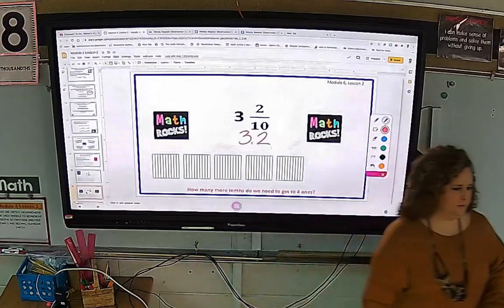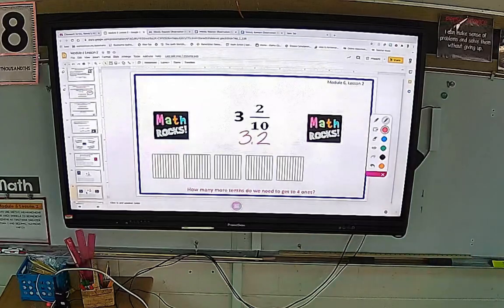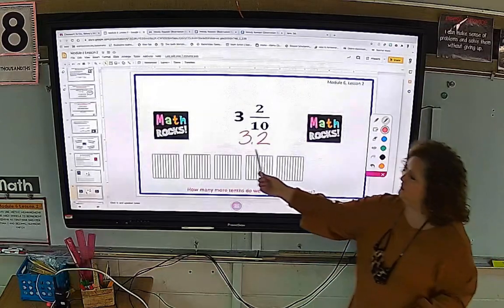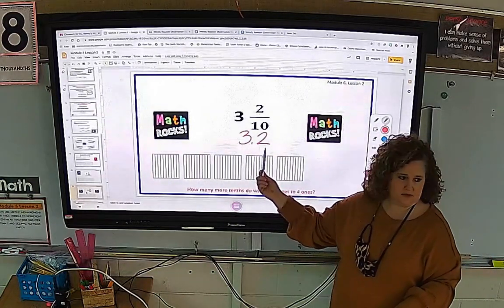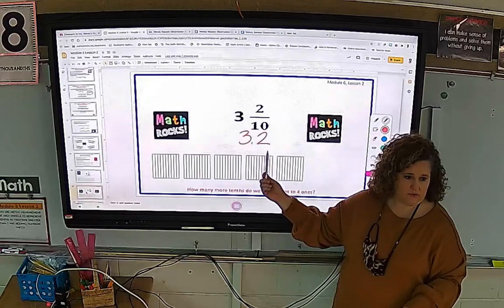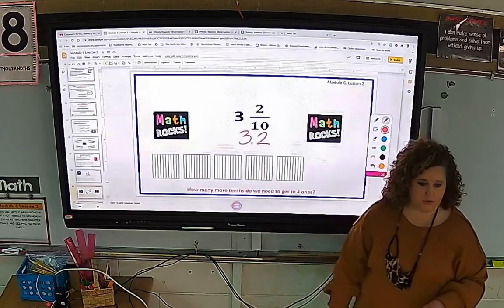Okay. What did we shade in? How many whole boxes did you shade in? 3. 3 whole boxes, and how many pieces of another box did you shade in? Got it. Because this is 3.2. So we need 3 whole boxes shaded in. And how many pieces of another box? 2. So if you didn't do those 2 pieces, make sure you do that.